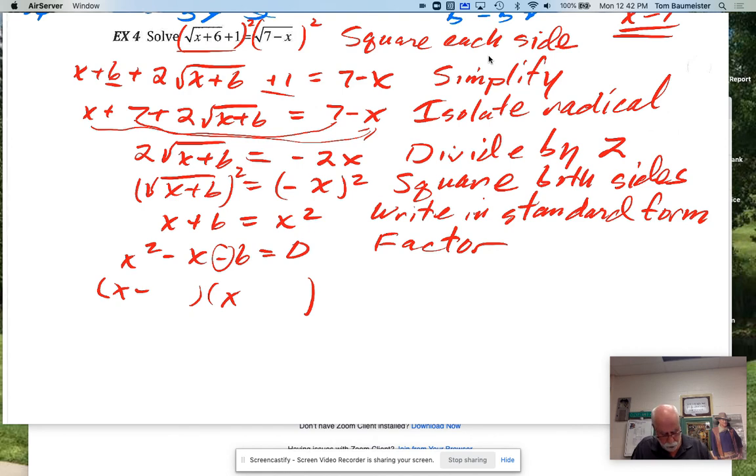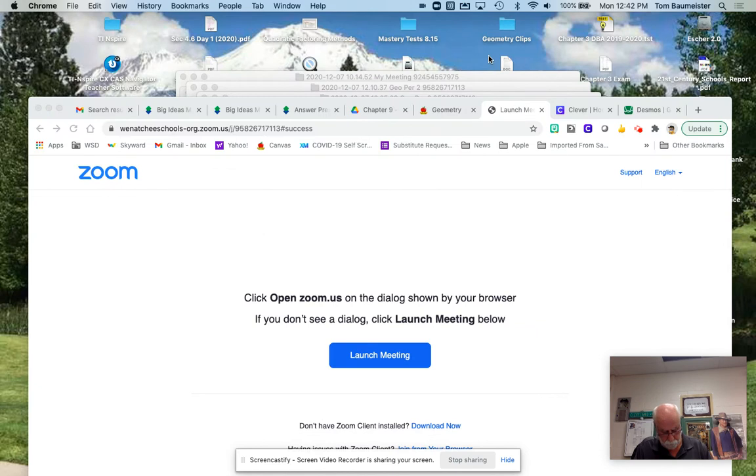Okay. So let's go ahead and do x is equal to negative 2. And if I do that, I'm plugging it into the original equation. I'll get the square root of 3 plus 6 plus 1. Does that equal the square root of 7 minus 3? Well, let's see. 3 plus 6 is 9. Square root of 9 is 3.